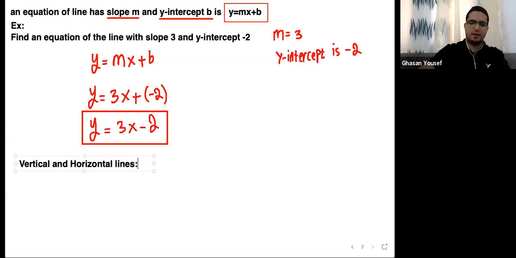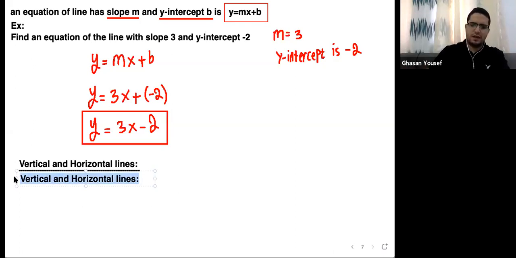I'm going to talk about vertical and horizontal lines, so I'm going to give you the definition. I know the vertical line does not have a slope, but it still has a line equation.